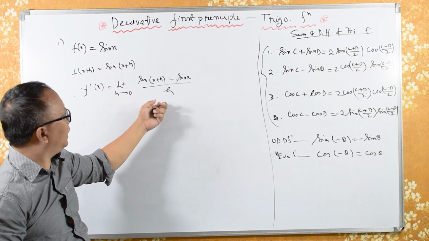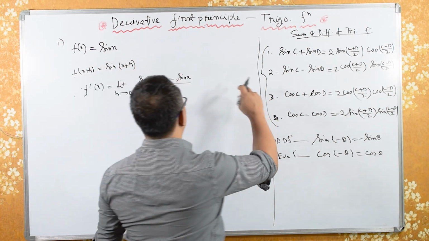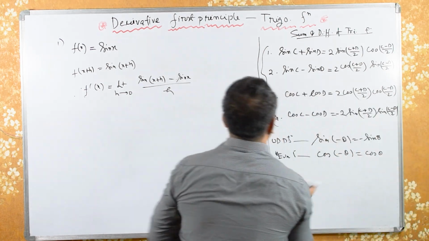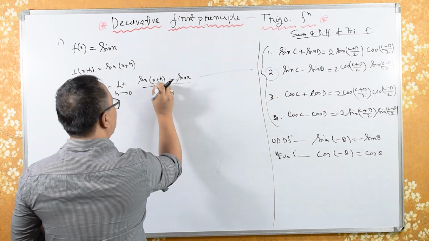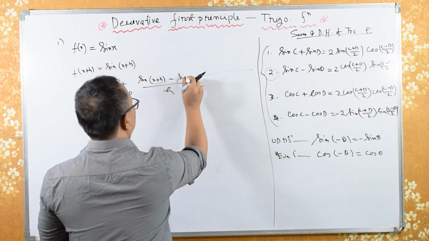Now here I will consider this formula for sin c minus sin d. Consider x+h as c and x as d.